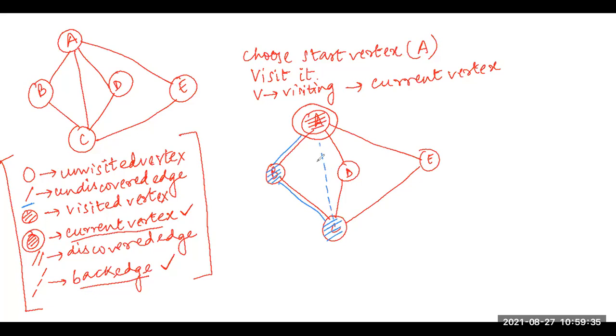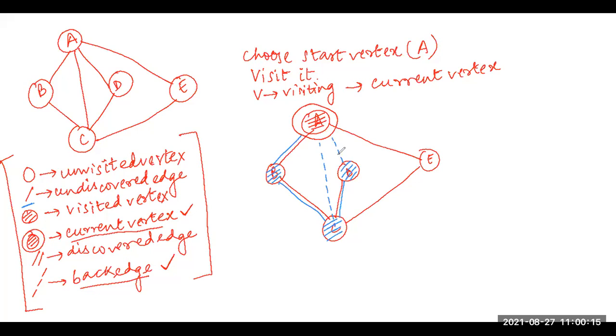But from C, I can visit D, so I can take an undiscovered edge like this. From D, if I want to visit, this is already a visited one, and this is already a visited one. This is already a discovered one, and this is an undiscovered edge, but this is already a visited vertex. So I will change this to be a back edge.